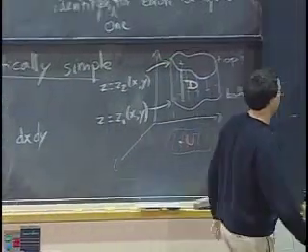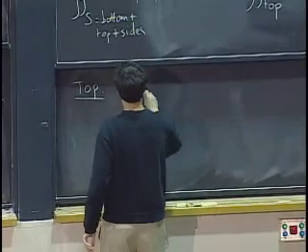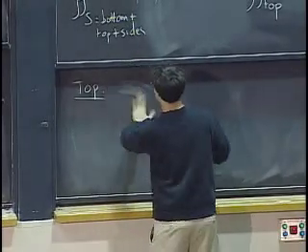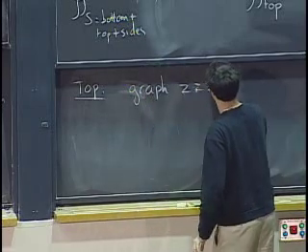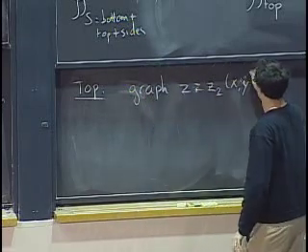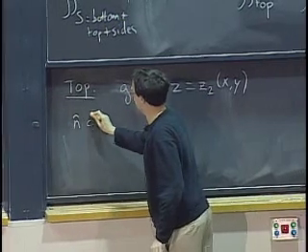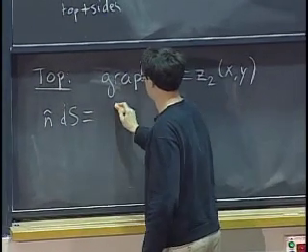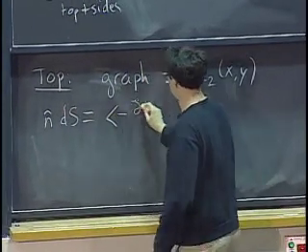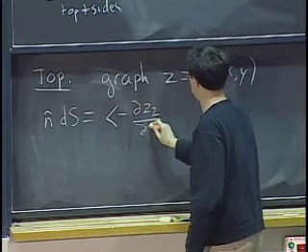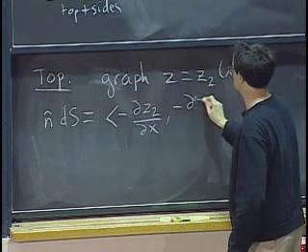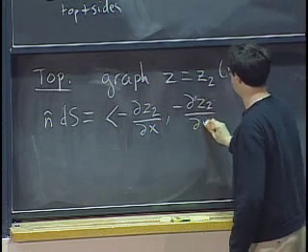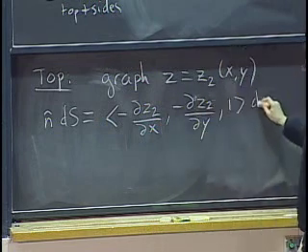This is the graph of a function z equals z2 of x,y. So n dS for that is negative partial derivative of this function with respect to x, negative partial z2 with respect to y, 1 dx dy.